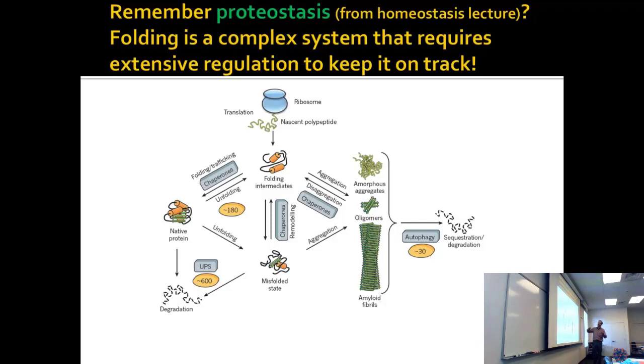If you have a high concentration of unfolded protein, you have the possibility for aggregation over here, which moves you to the right side of the screen and ends up forming amorphous aggregates, oligomers, or worse, amyloid fibrils. The cell does have mechanisms to find these and chop these up, but that's molecular machinery, that's cell biology. What we're talking about is protein folding that causes the problem in the first place.